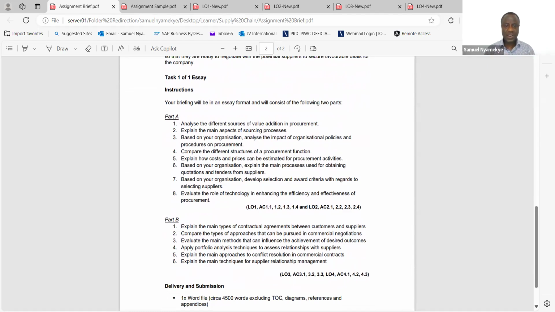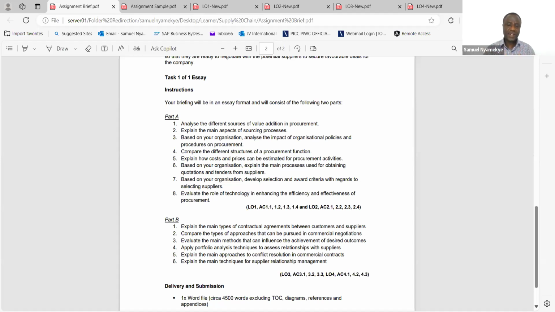Then 2 is to explain the aspects of sourcing processes. So all these have been given to you. So you pick each of them, and under each subheading, you give your write-up under each of them. So that is going to be the body.